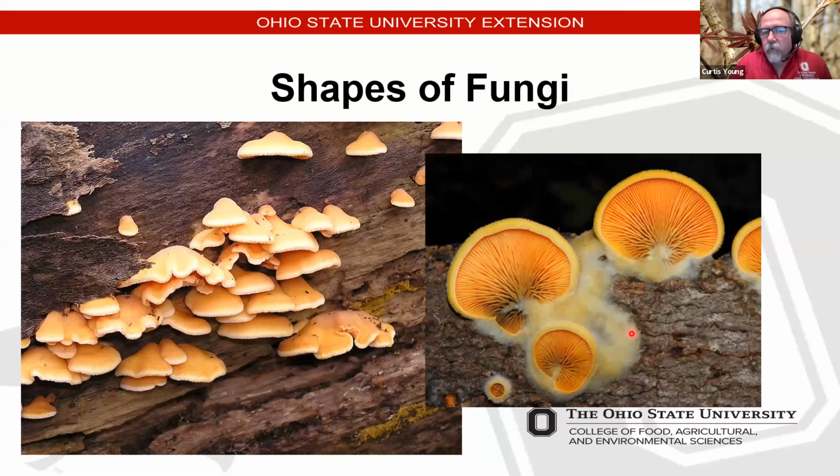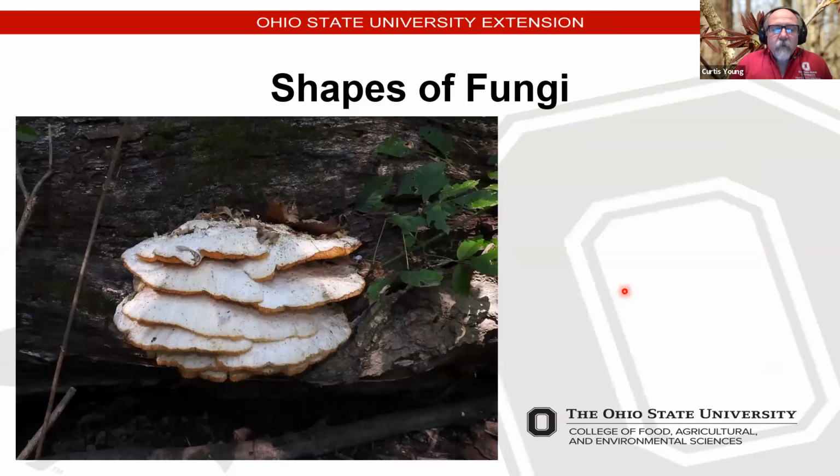It is a decomposer of wood, and depending on the orientation of that shelf, whether it's on the side of the log or on the underside of the log, it will have a different morphology to the appearance of the fungus. A very attractive one, nice for taking pictures, but again, it's not one of the edible ones.